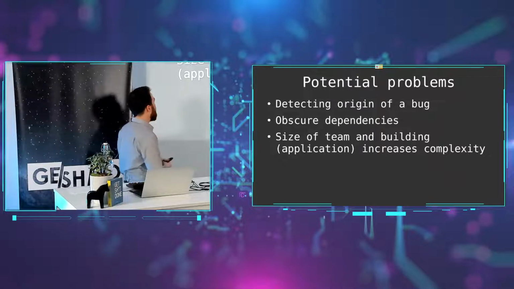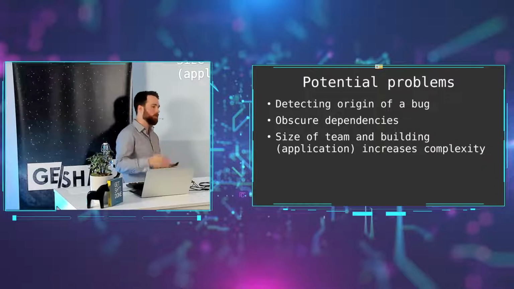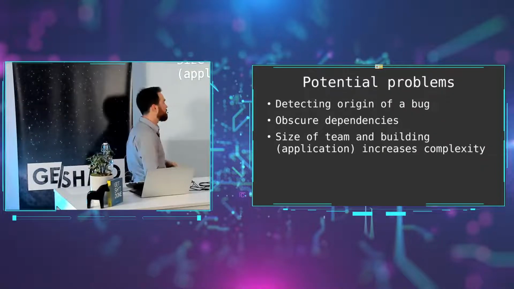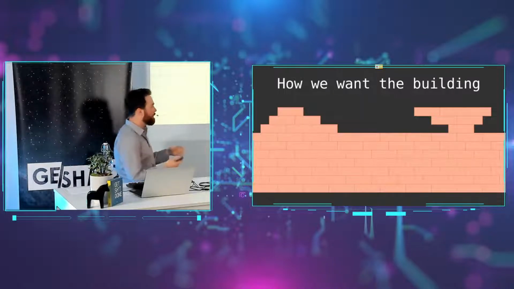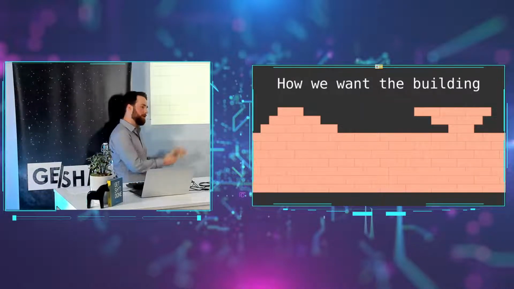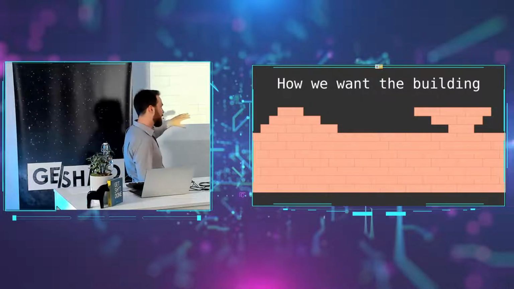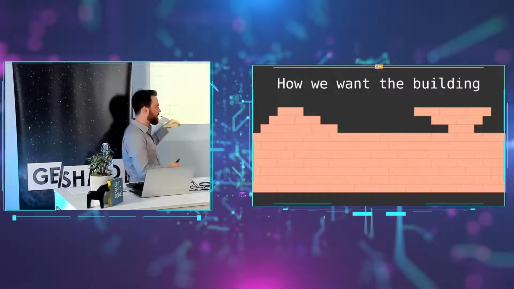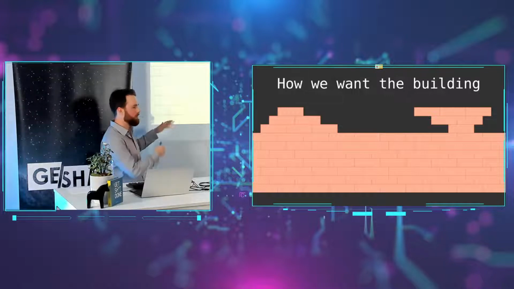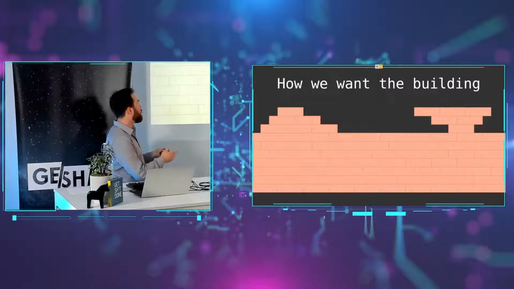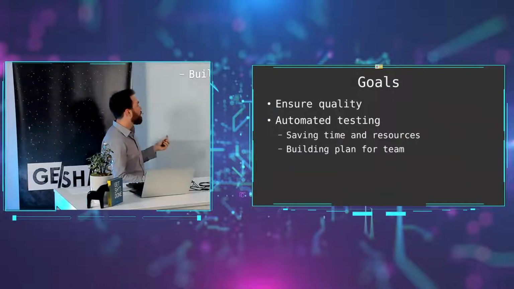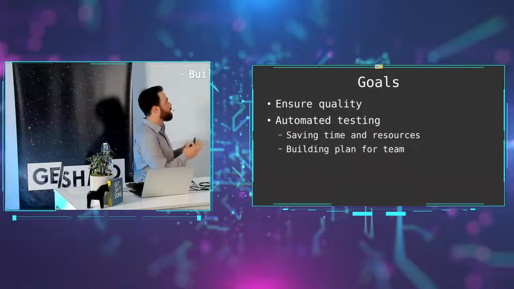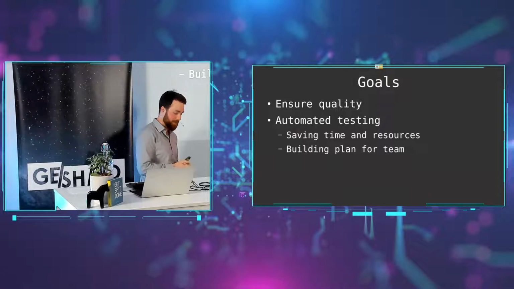These problems just increase with the size of our team and application over time. What we rather want is a very structured application where we know exactly what is happening, can easily test what is happening in each of these areas, and know who is responsible for what.